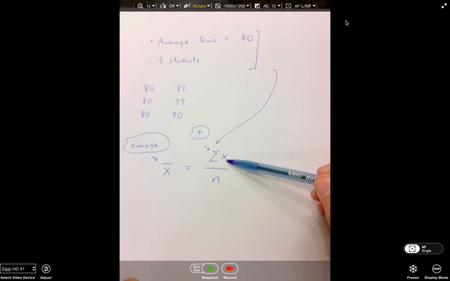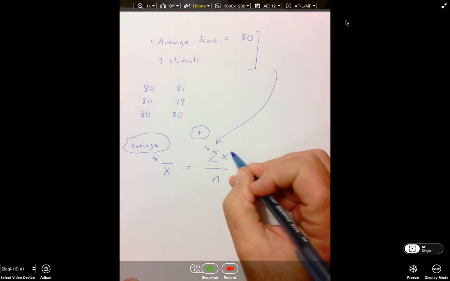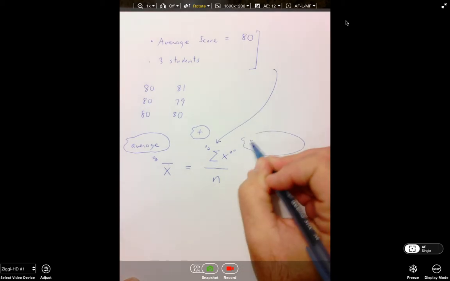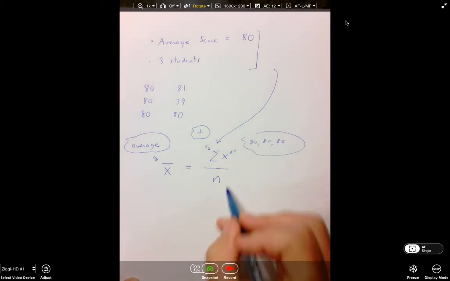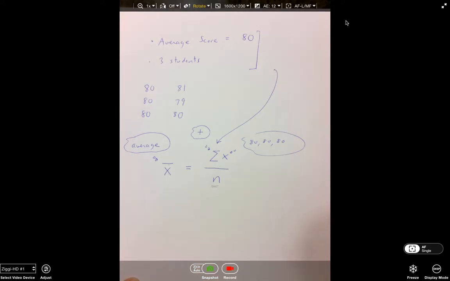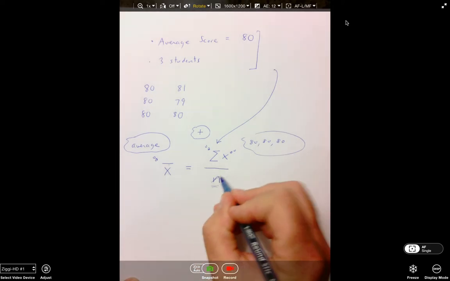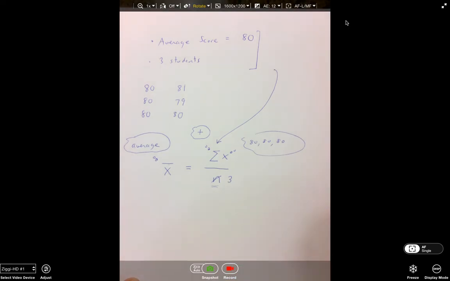X in statistics stands for the data. If you're taking an algebra class from me, X is something you usually solve for, like X equal 2, X equal 9, whatever it may be. Or it's part of an expression that we simplify. Not in statistics. X is our data. Okay? And N is just the number of scores that we have. So in this situation, N is completely known because it's 3, and it will be known.